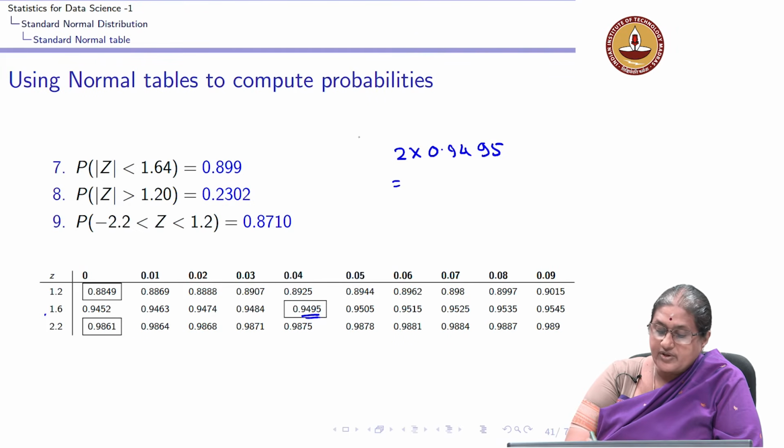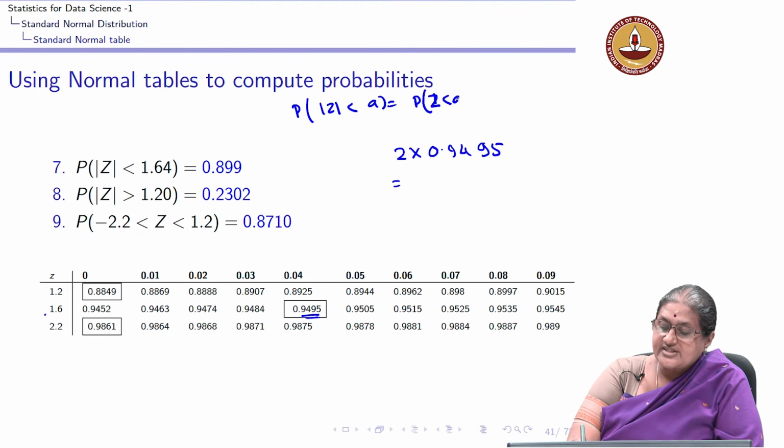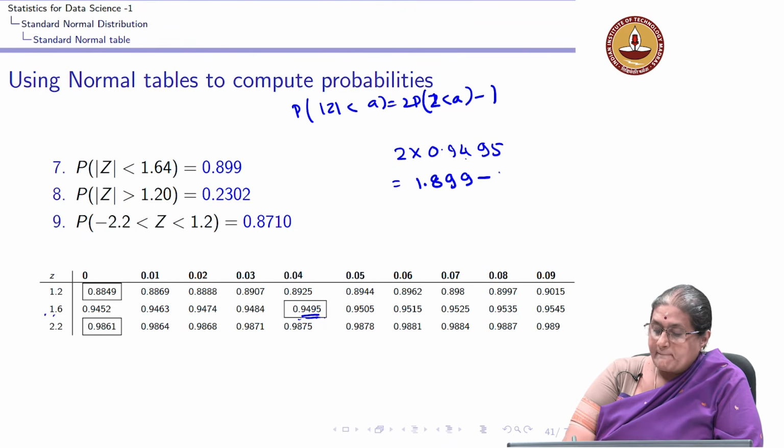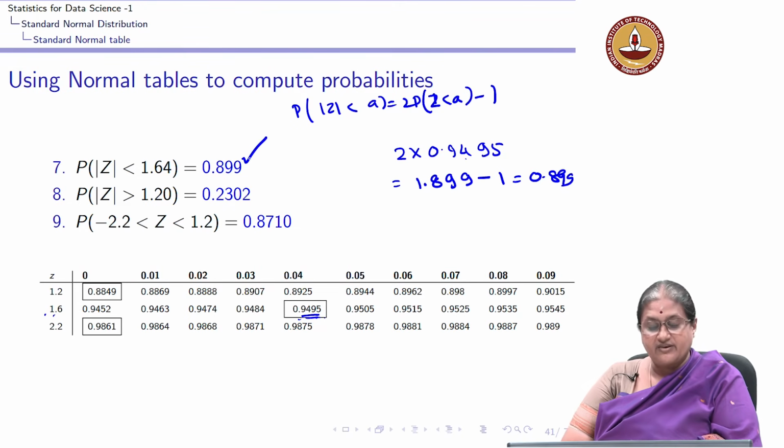Probability z is less than 1.64 is 0.9495. 2 times this is going to be 1.899, and 1.899 minus 1 is 0.899, which is the answer I have here.